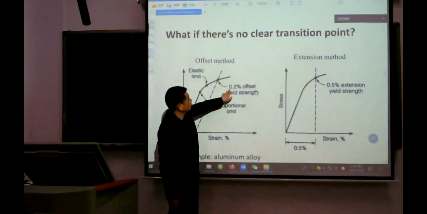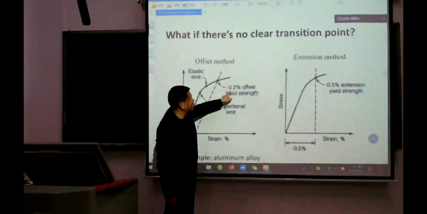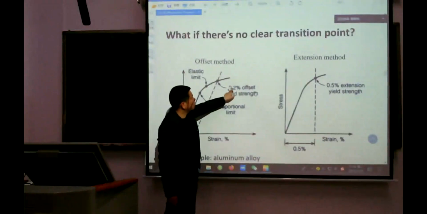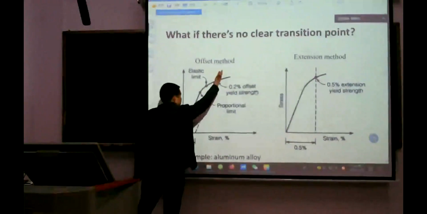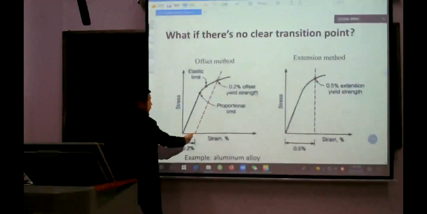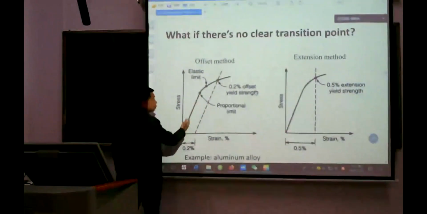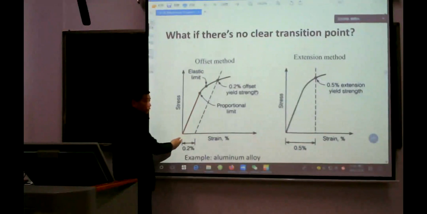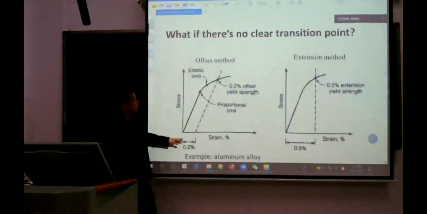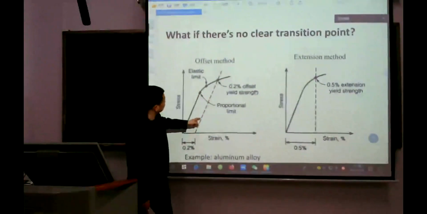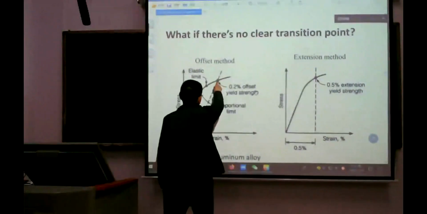It means when the normal strain comes to 0.2%, we draw a straight line parallel to the first part of the line.